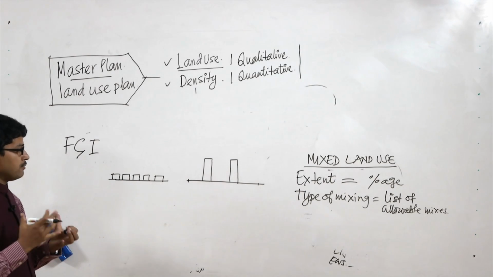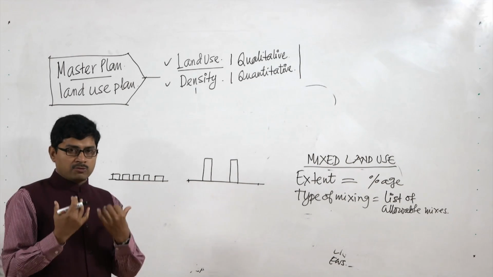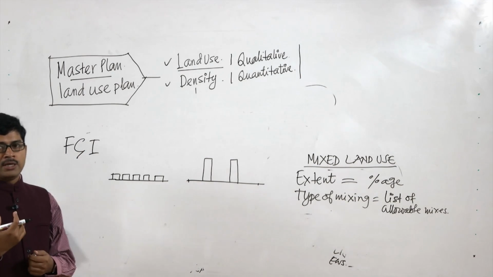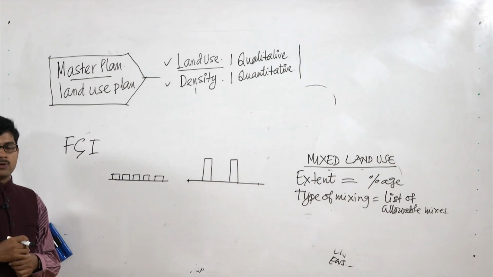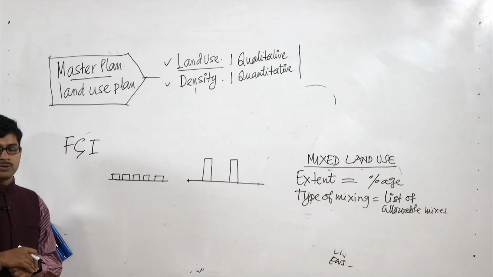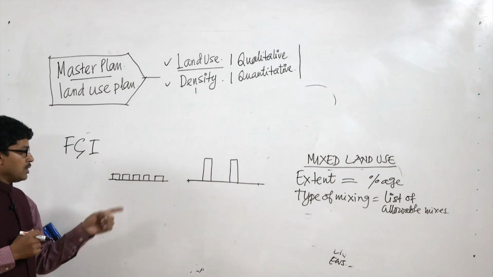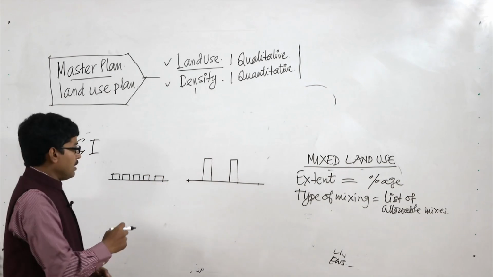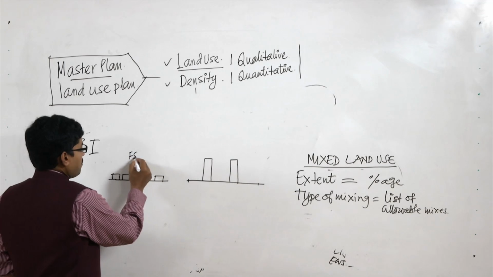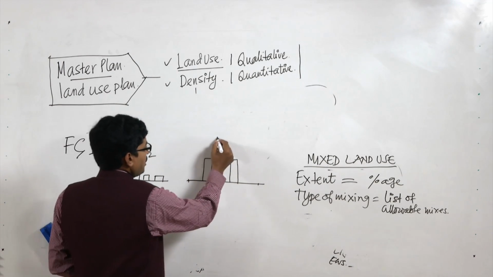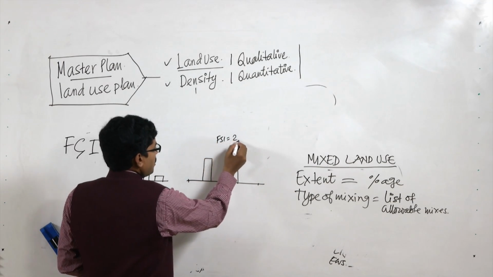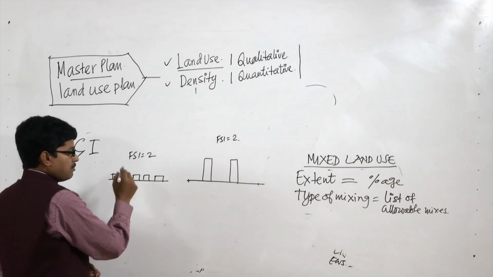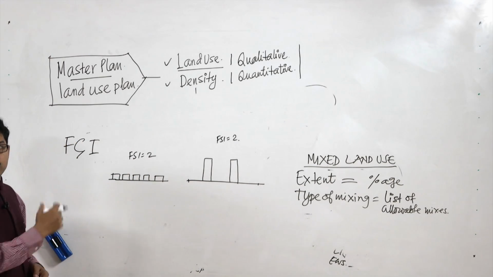What kind of development we expect out of the project, if it is HIG, MIG, economically weaker section or any other type of housing, we can decide based on its context. Even if the FSI is the same, for example FSI 2, the development could be different.